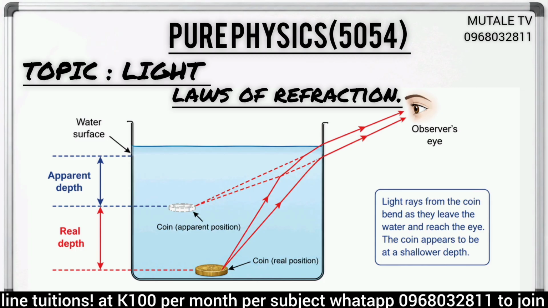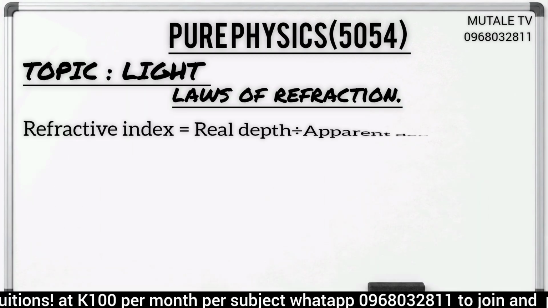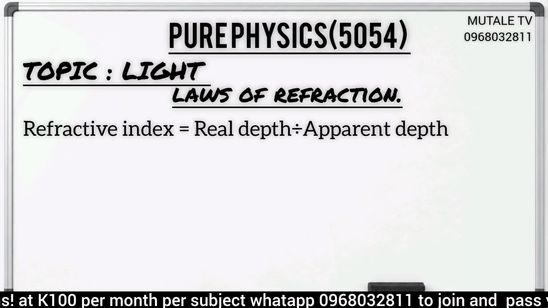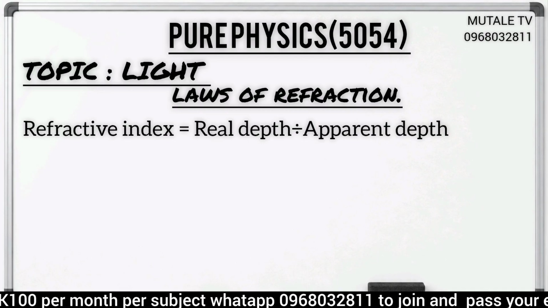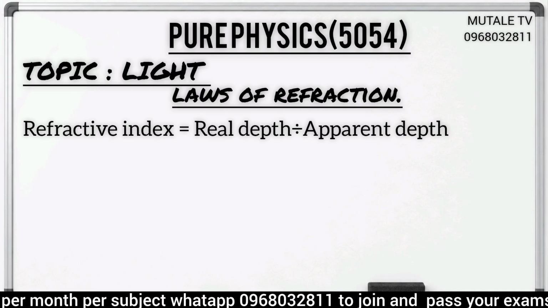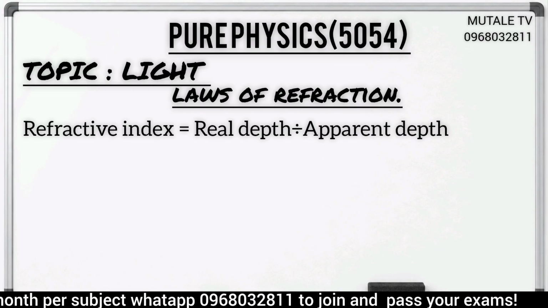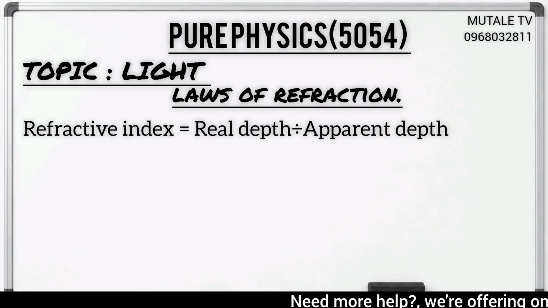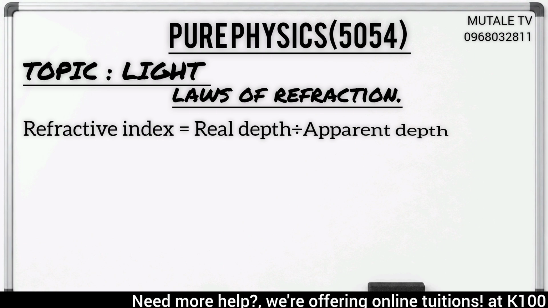So the refractive index can be expressed as the ratio of the real depth to the apparent depth, and the apparent depth is always less than the true depth of the object. This is the very same reason why swimming pools and ponds always look shallower than they actually are.